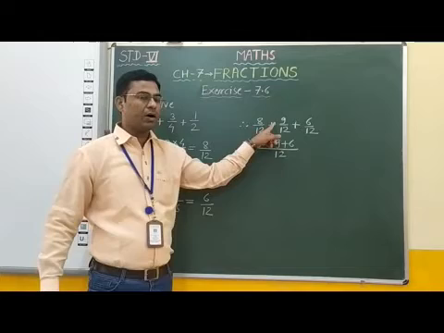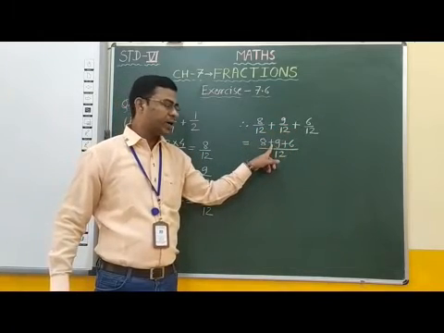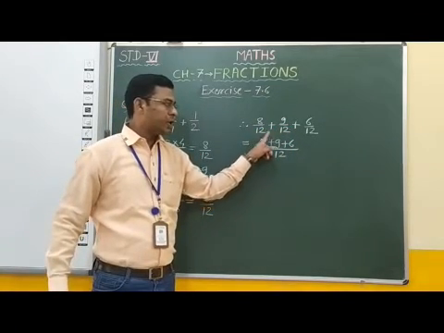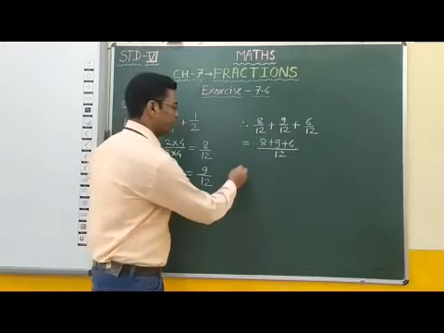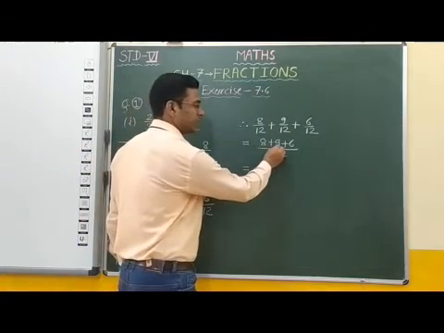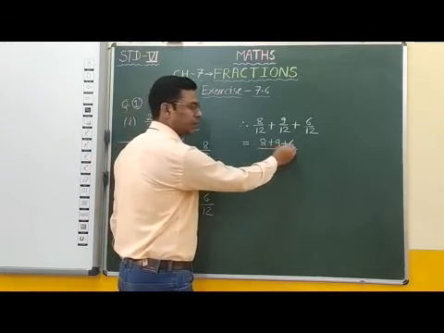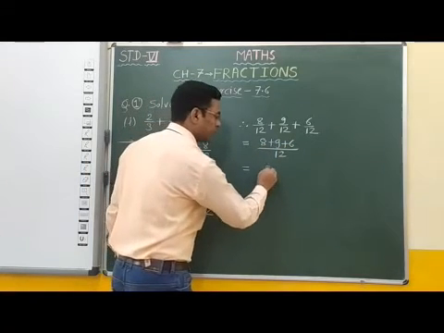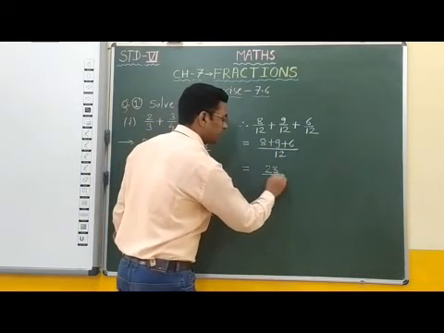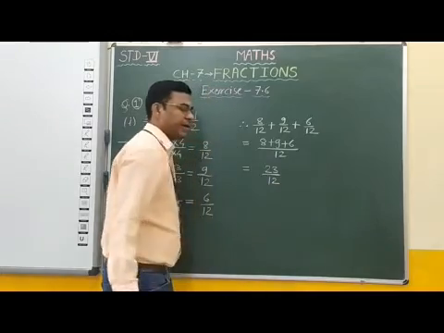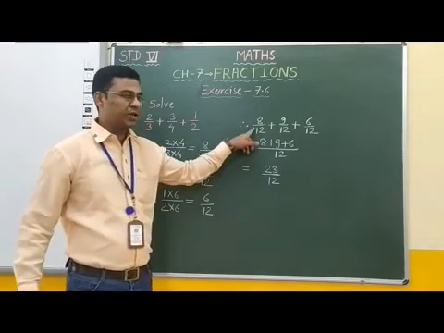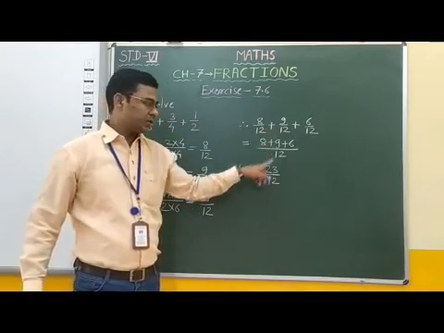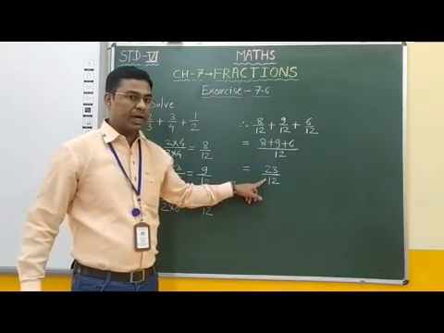Therefore here addition of numerators in numerator and denominator common. Therefore which is equal to 8 plus 9, 17, 17 plus 6, 23. Therefore here addition is 23 and denominator is 12. Therefore addition of three like fractions is equal to 23 by 12.